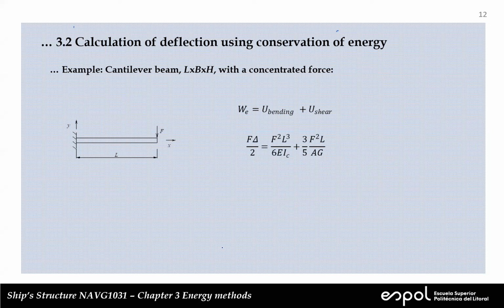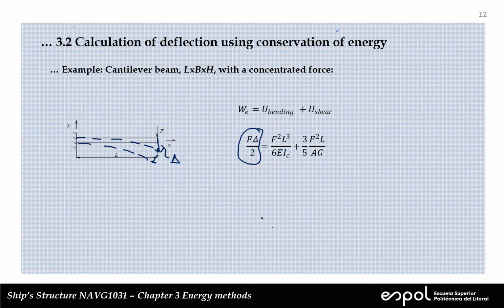That's that. Now, on the left-hand side, you see that I have included the external work. That means that because of this, and this is delta.